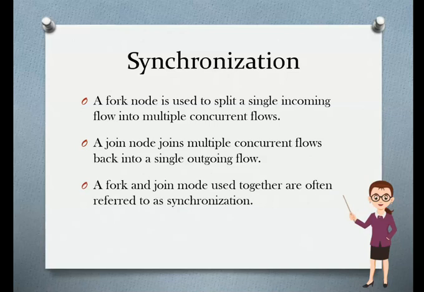And join represents the joining of control flows. So if we want to separate activities, we use a fork, and if we want to join those activities back, we go with a join. Basically, fork and join are used to represent synchronization. Sequential and concurrent activities are represented. A fork and join used together are often referred to as synchronization.